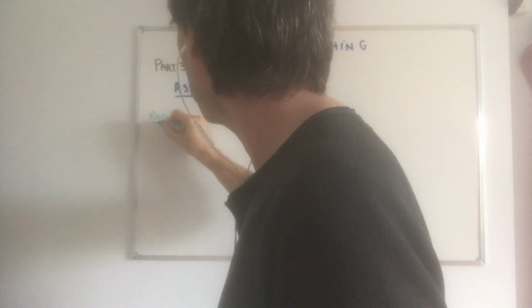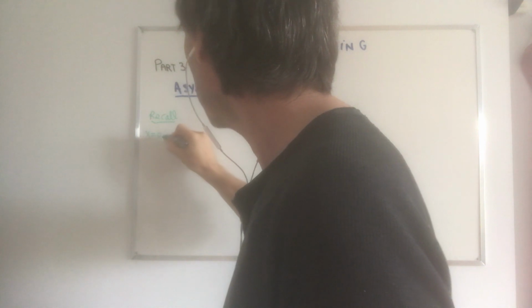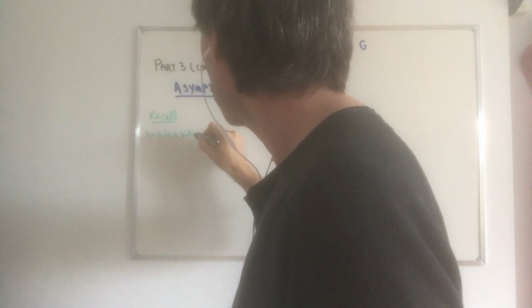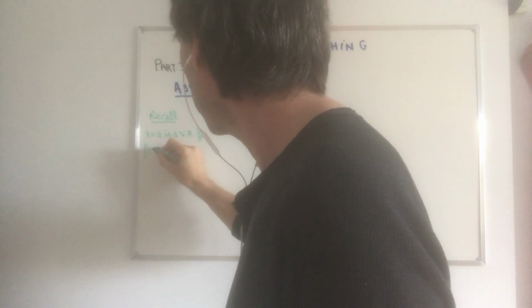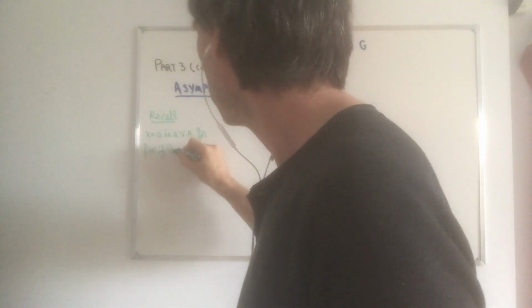Quick recall. So x equals a is a vertical asymptote for f of x if, remember what happens for vertical asymptotes, you need the limit as x approaches a of the function not to exist, so DNE.